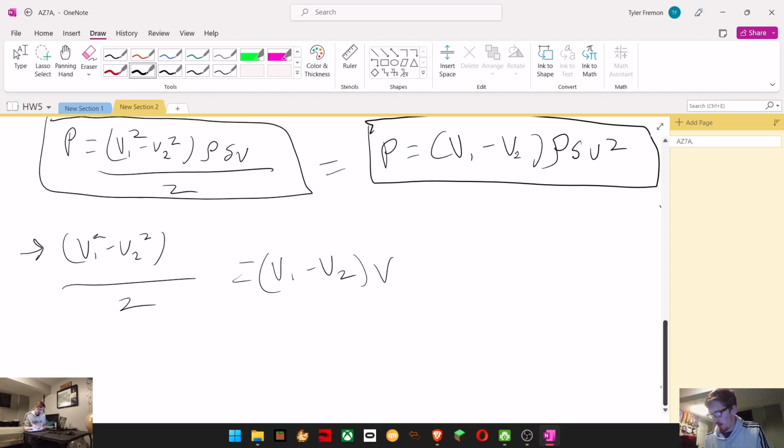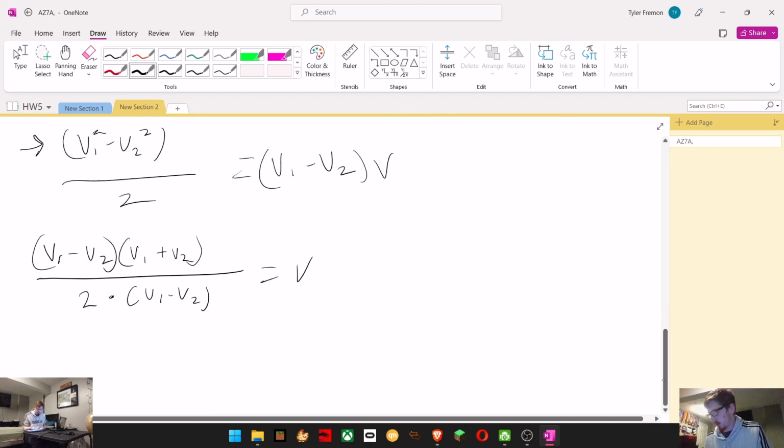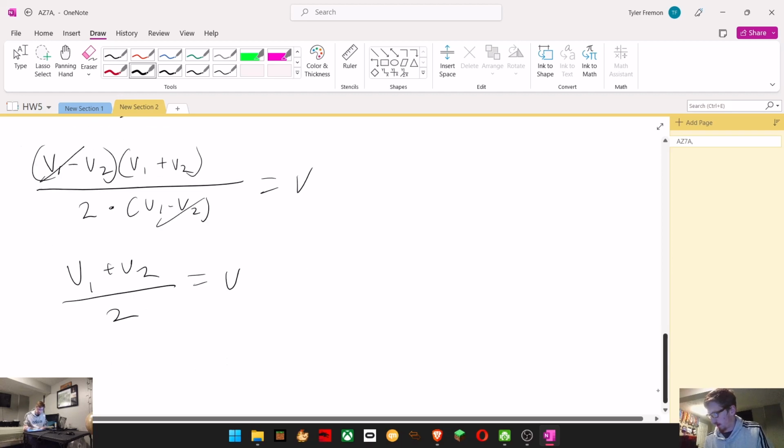So we're going to have V1 minus V2 times V1 plus V2 over 2 times V1 minus V2 equals V. Can cancel these terms out. We're just left with V1 plus V2 over 2 is equal to our velocity.